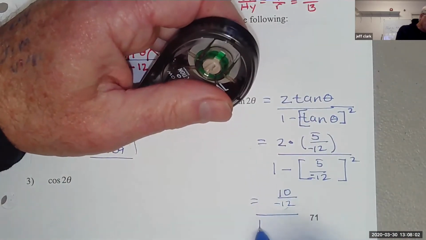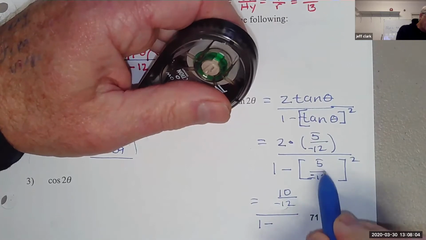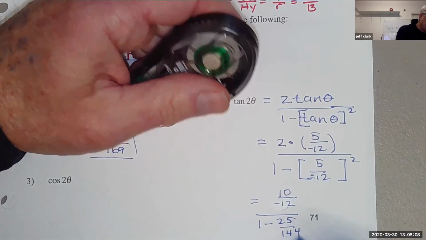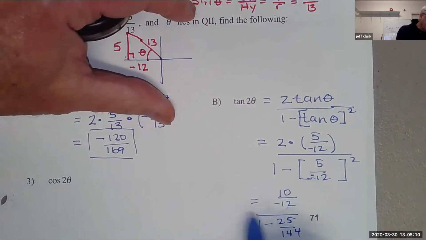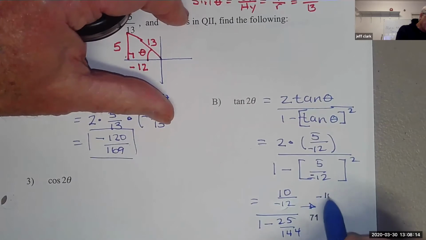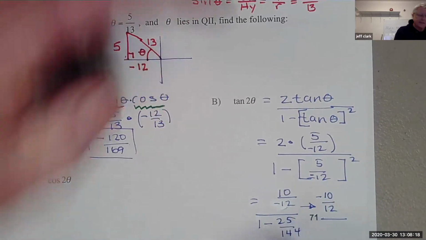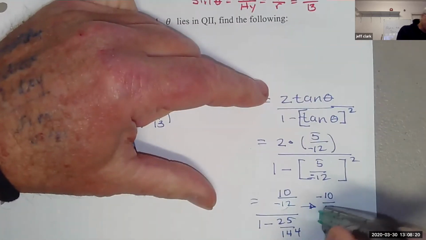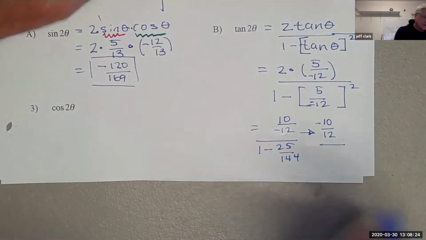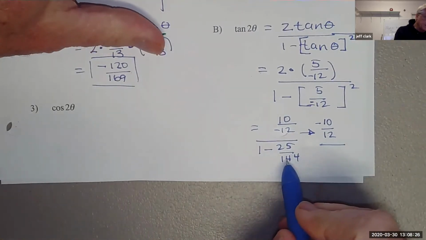And that's 1 subtract. Squaring both of these, I get 25 over 144. And then we get negative 10 over 12 divided by... sorry, page 71's in the way. Make that go away. Common denominator here, 144.